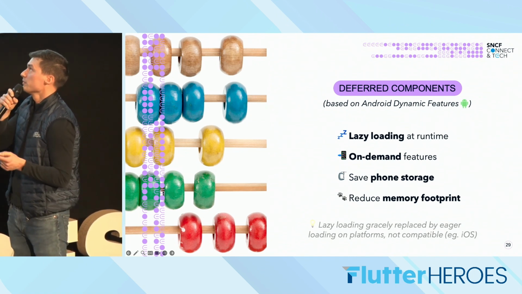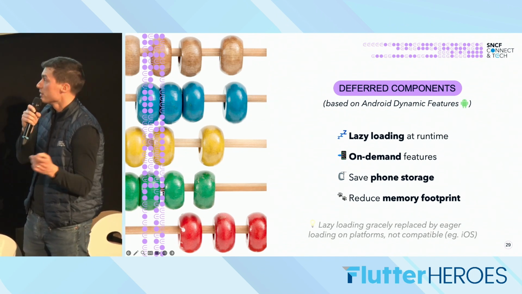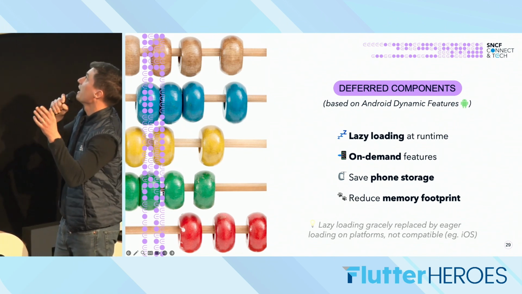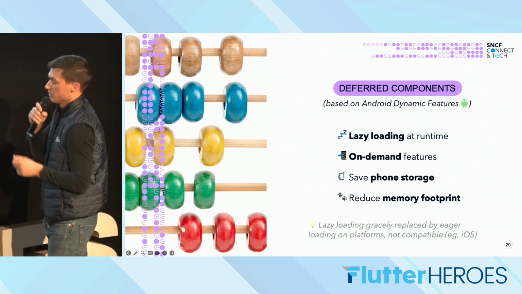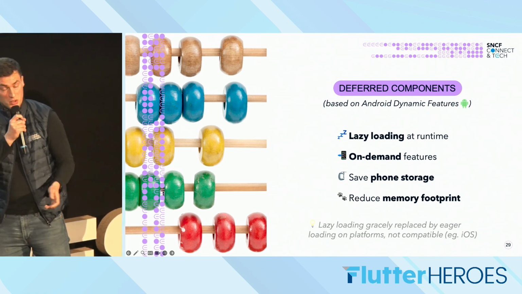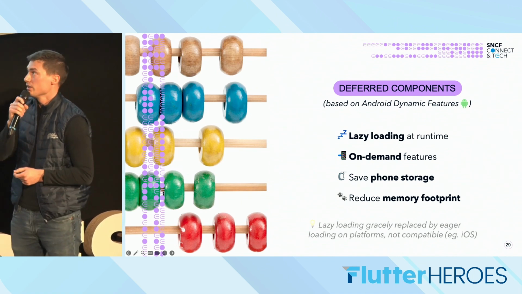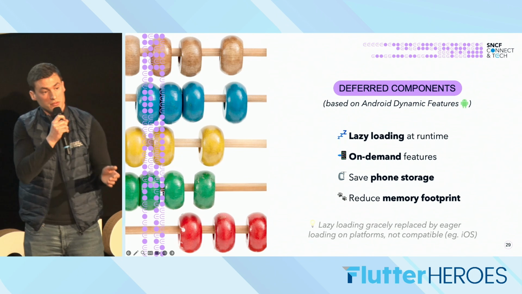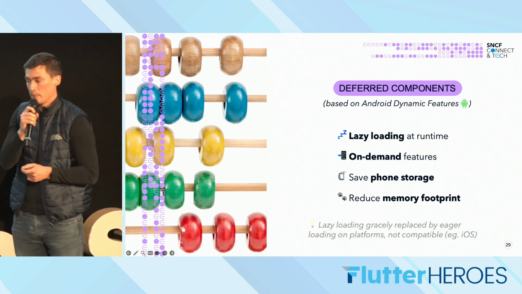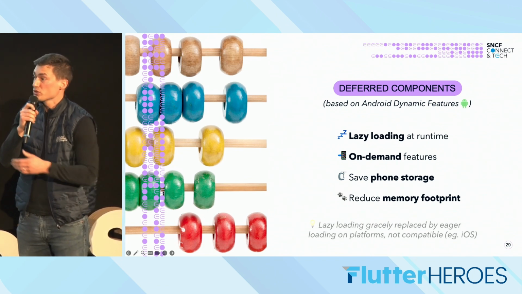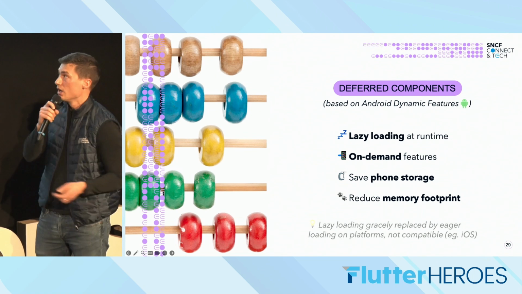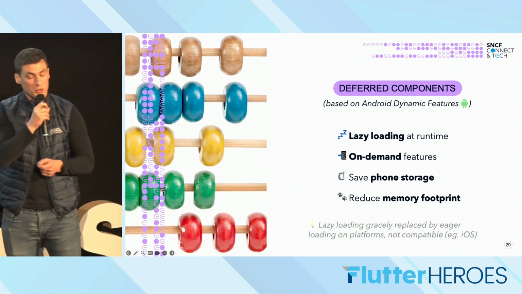It loads seamlessly if the network is available. So you will save network bandwidth and you will save phone storage on older devices. So of course, you will reduce your memory footprint.